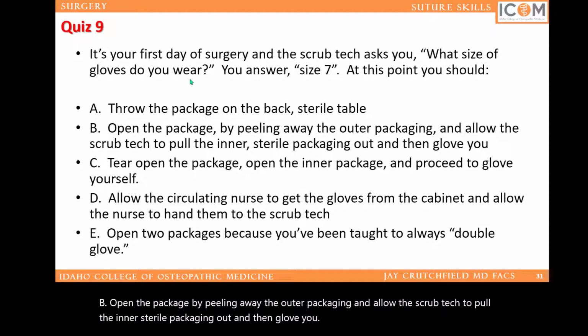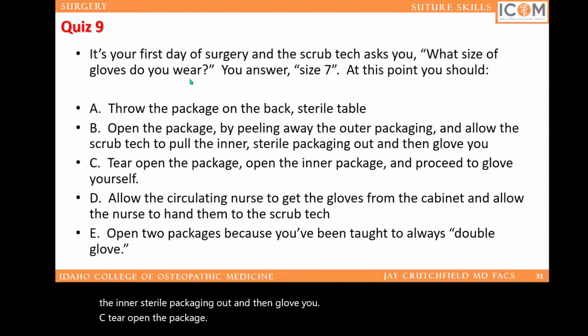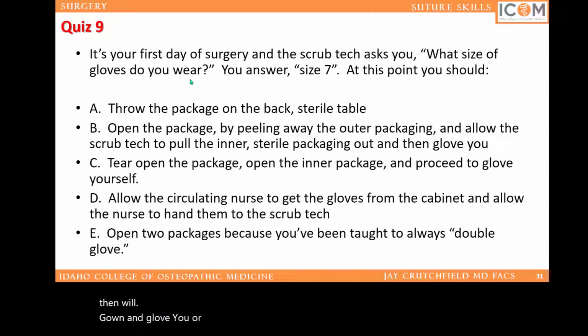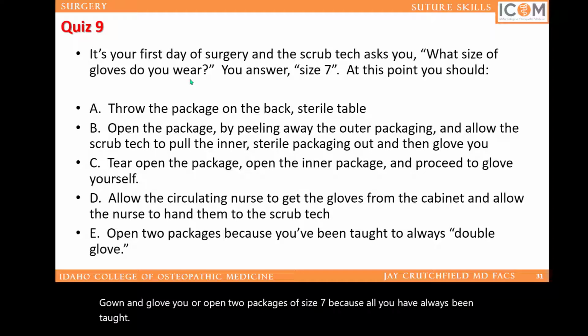C, tear open the package, open the inner package and proceed to glove yourself. Or D, allow the circulating nurse to get the gloves from the cabinet and allow the nurse to hand them to the scrub tech, who then will gown and glove you. Or E, open 2 packages of size 7 because you have always been taught that it's safer to double glove.